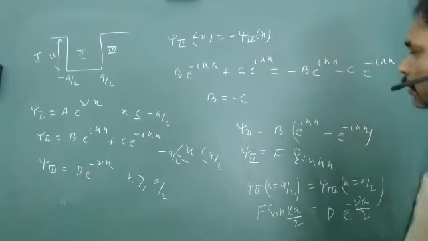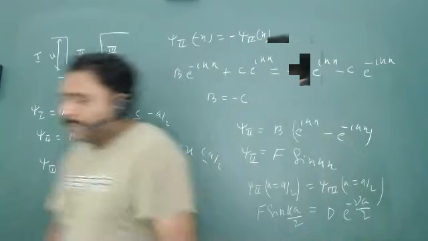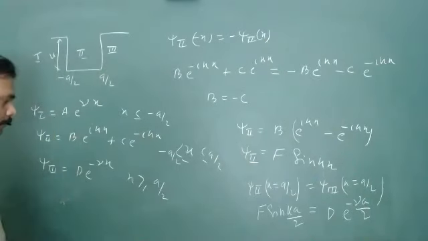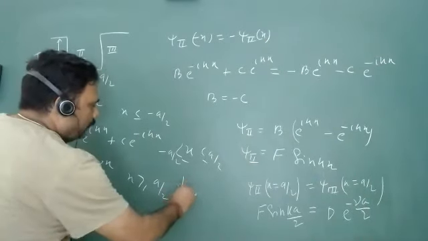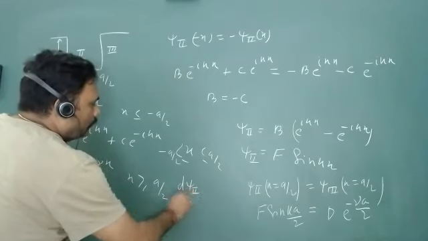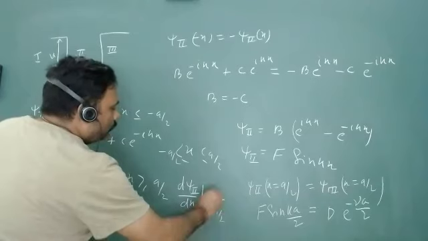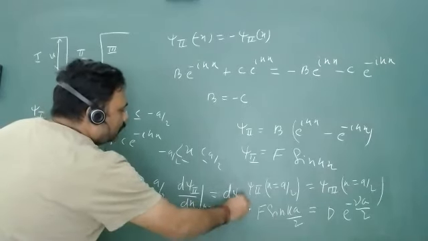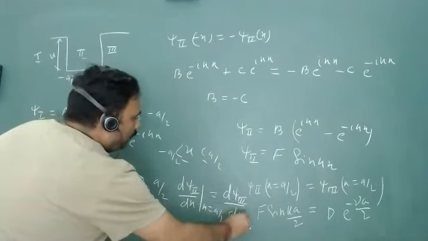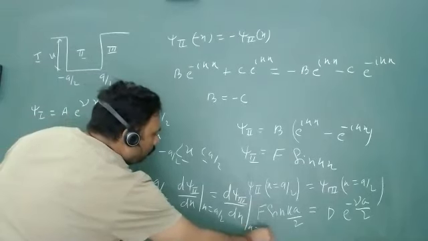What will be the second boundary condition? It should be differentiable. So you take d psi 2 upon dx at x equal to a by 2 must be equal to d psi 3 upon dx at x equal to a by 2.